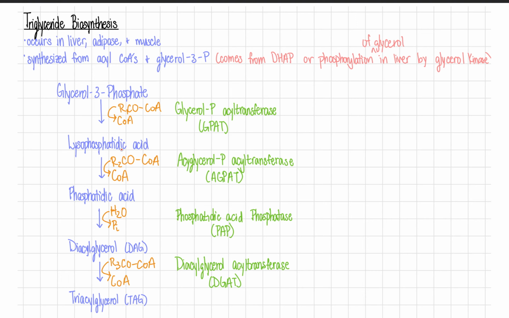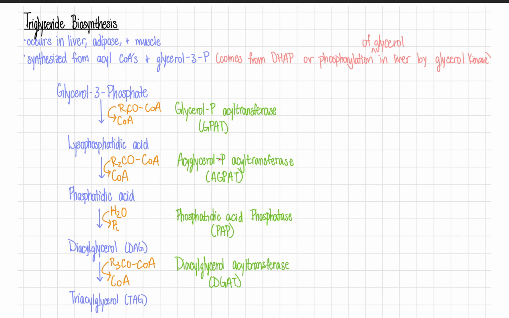Once we have produced lysophosphatidic acid, the next step is to add that second fatty acid. So we're going to do the same thing. We're going to put in an acyl-CoA, and we're going to remove that CoA at the same time. The enzyme that's going to do this is acylglycerol phosphate acyl transferase. The reason for this is because we're transferring an acyl group to an acylglycerol phosphate.